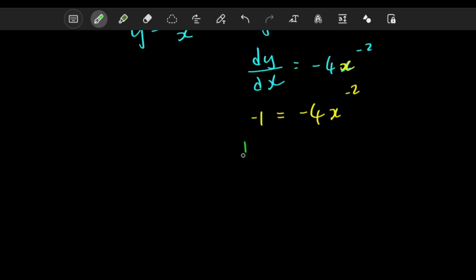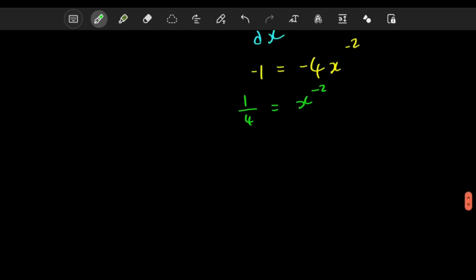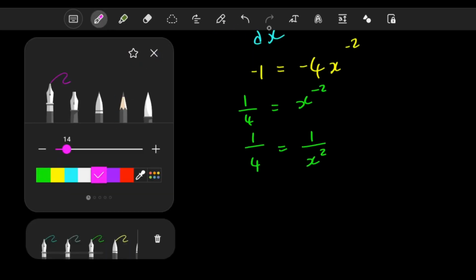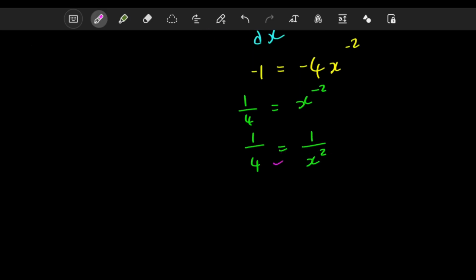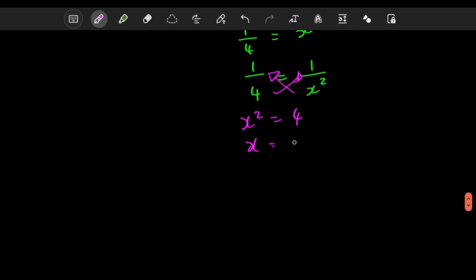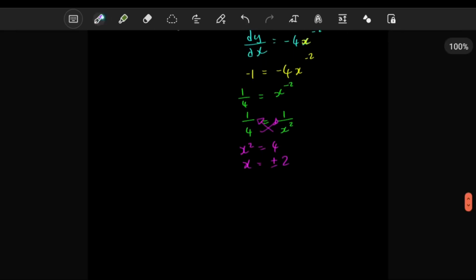You're going to have 1 over 4 equal to x to the power of -2. But if you're dealing with a negative exponent, it's best to put it in the denominator. Then you can cross multiply: 4 times 1 is equal to x squared times 1. You're going to have x squared is equal to 4, and then x is equal to plus or minus 2 if you square root both sides.